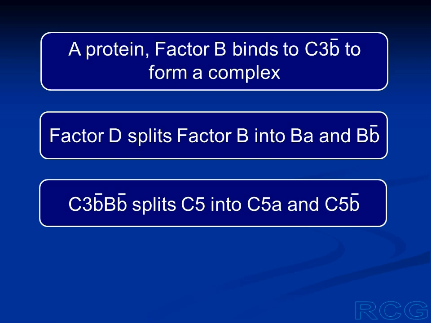This Bb is the enzymatically active form. So now we have a complex made up of active C3b and active factor B. And this complex acts on C5. It splits C5 into C5a and C5b. C5b is the enzymatically active form. And this will then form the membrane attack unit along with C6, C7 and C8.